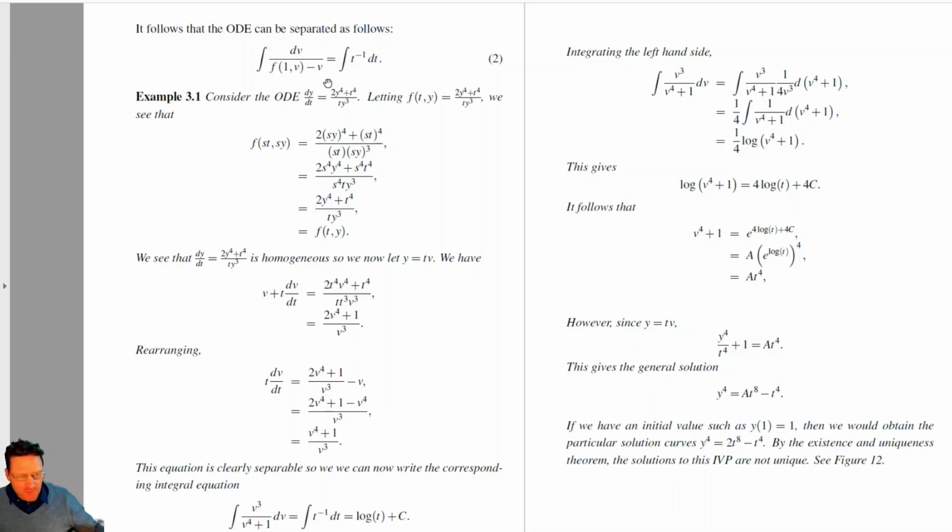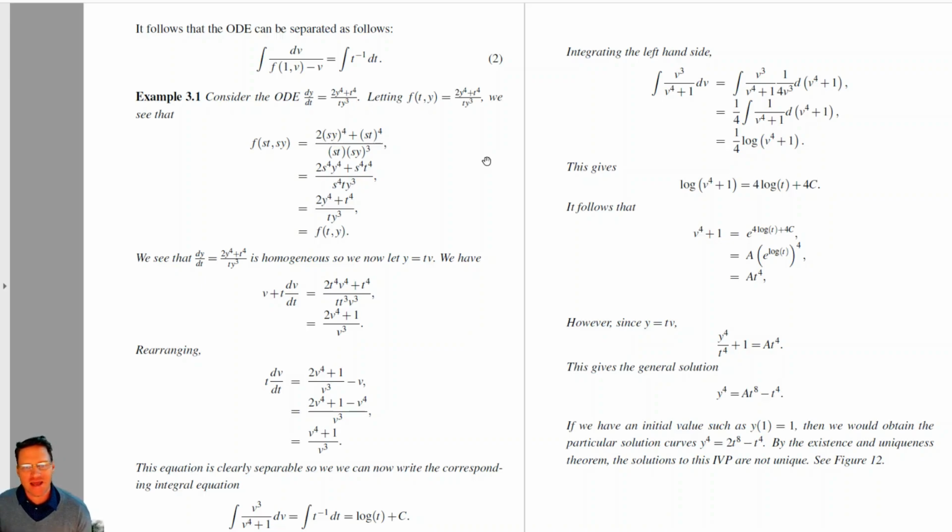So let's have a look at our first example here. Consider the ODE dy on dt is equal to 2y to the fourth plus t to the fourth all over t y cubed. We want to first recognize that this is homogeneous and then apply the techniques we've just learned.